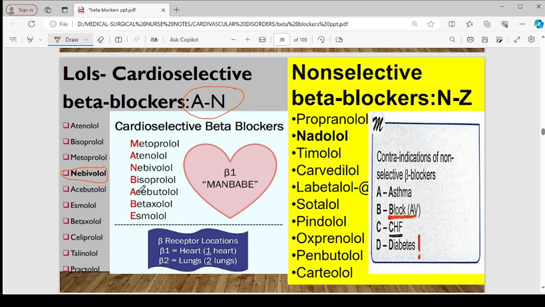All right, so those are examples of our cardioselective beta blockers.